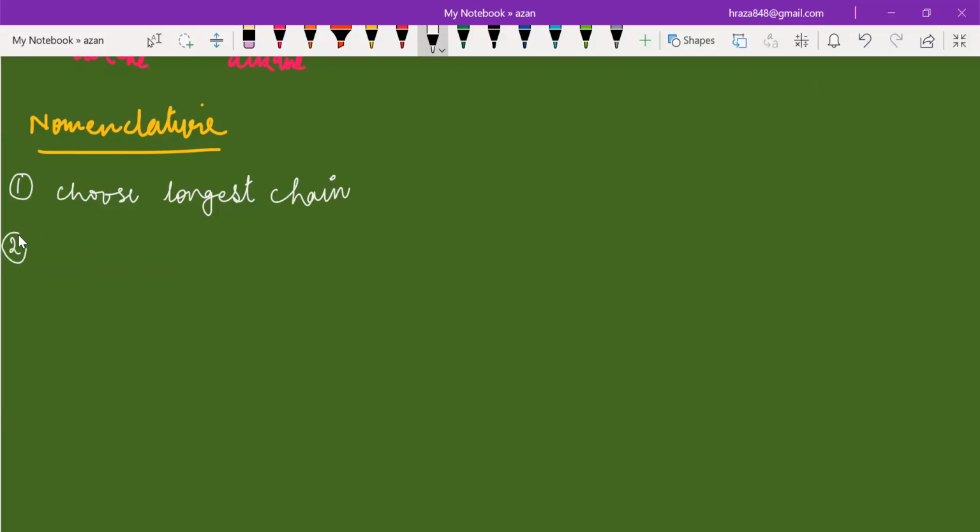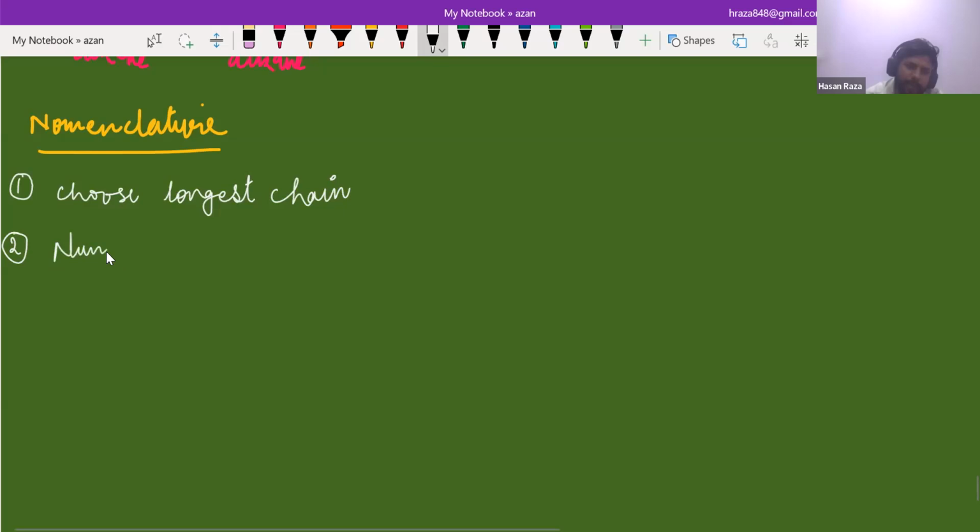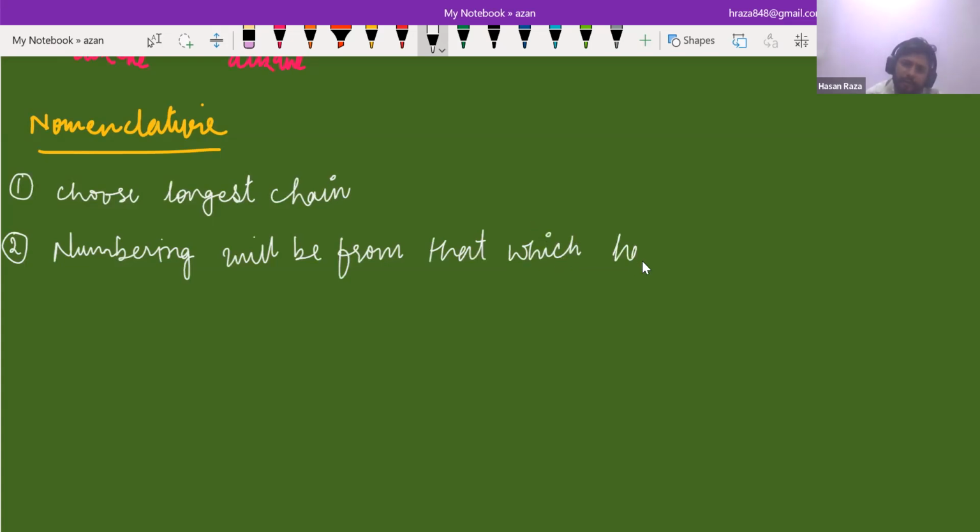Then numbering will be from that side which has the substituent or branch.